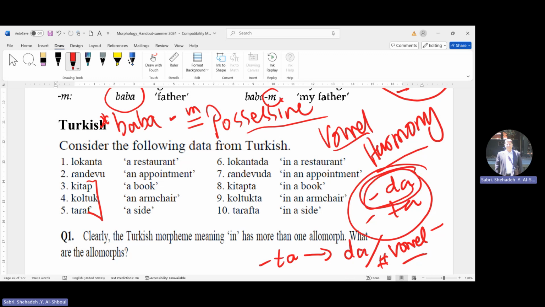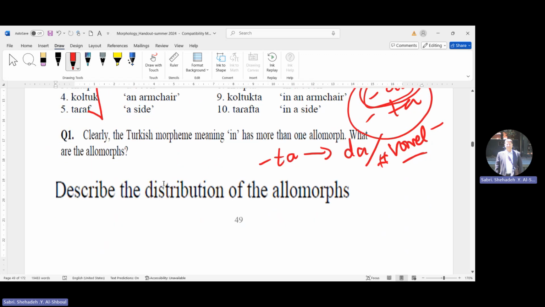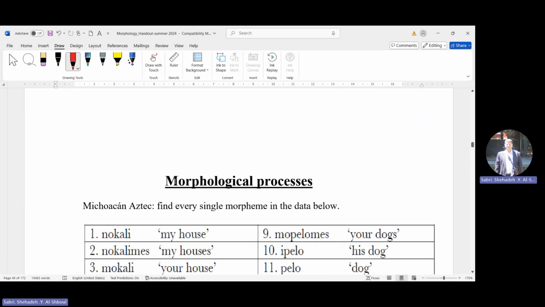But for the time being, we said that the suffix da is only restricted in the environment of a vowel in the final position of the word form, and it is ta when it is preceded by a voiceless consonantal sound in the stem or in the previous word form. So here is the distribution of the allomorphs. We said that it is vowel. Okay, this is how this language works.